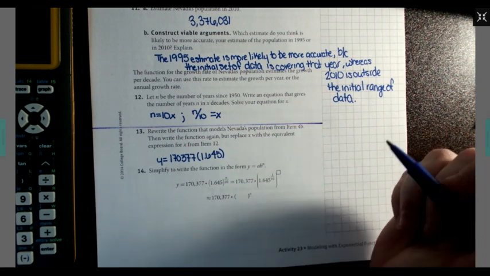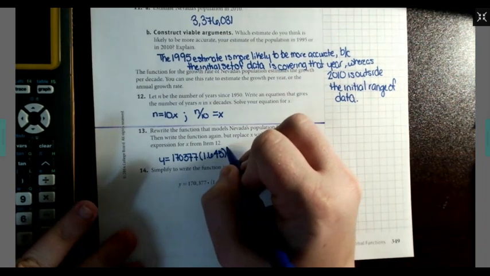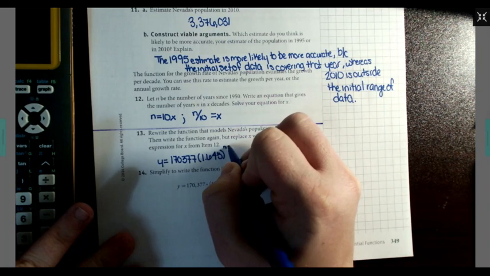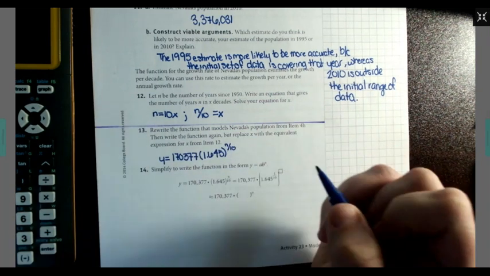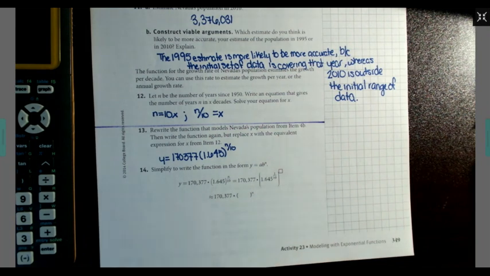But it says replace x with the equivalent expression for x from question number 12. So they want me to write it with n over 10 here instead of x. Number 14.